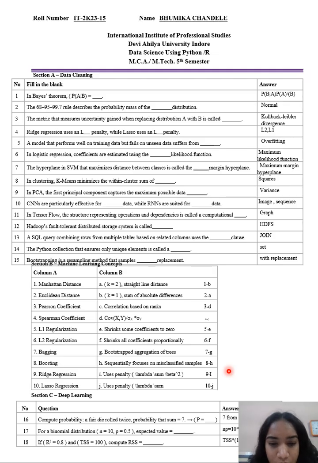The answer is it uses the penalty lambda times the sum of beta squared. And tenth is lasso regression. Answer is it uses the penalty which is lambda times the sum of absolute beta.